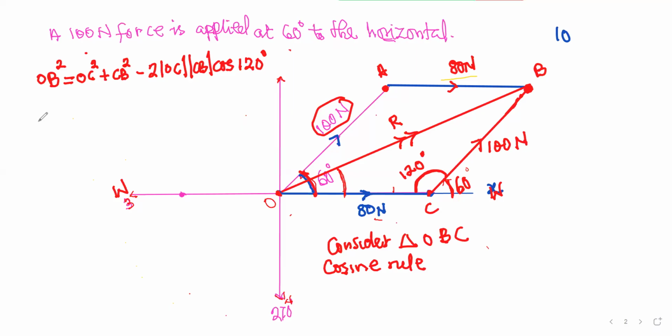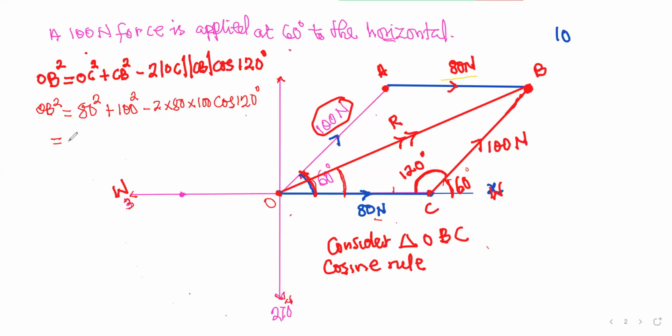So OB squared equals OC is 80 squared, plus CB is 100 squared, minus 2 times 80 times 100 times the cosine of 120 degrees.